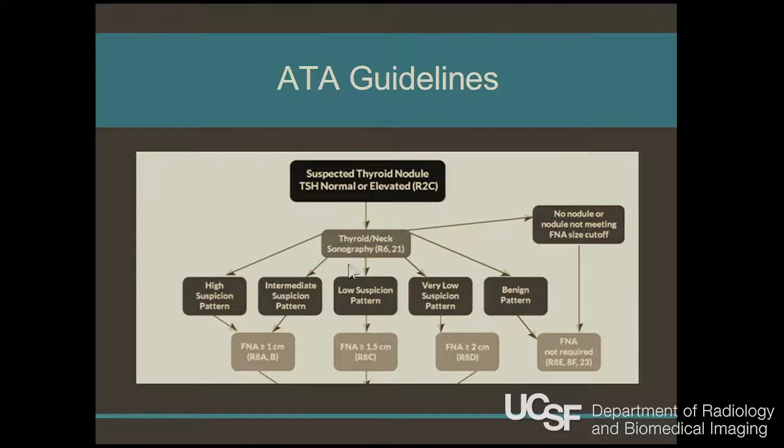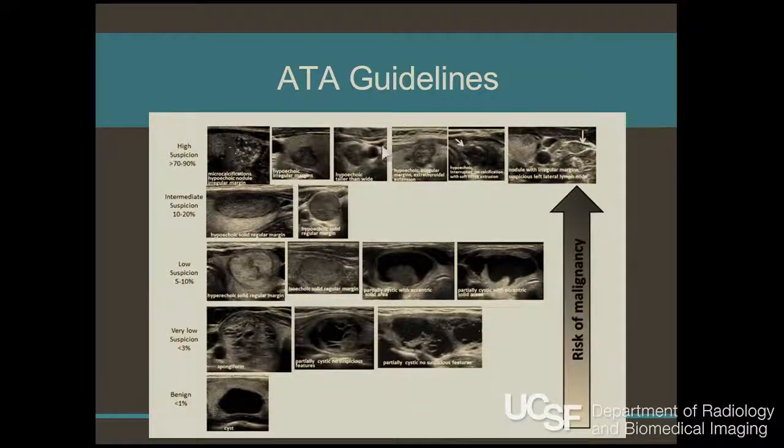The ATA guidelines look something more like this. They do take size into account and take all these different descriptive things into account. So if you look at this highly suspicious one, those are the ones you really want to know.